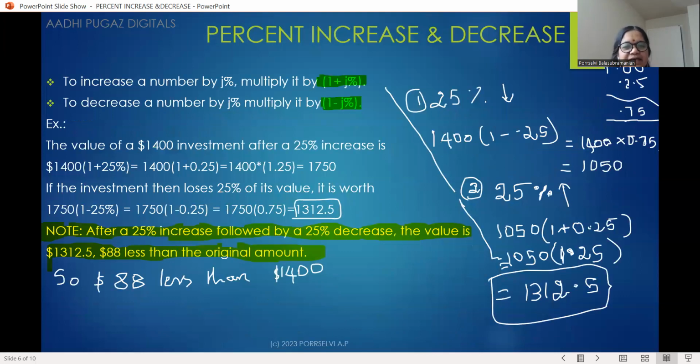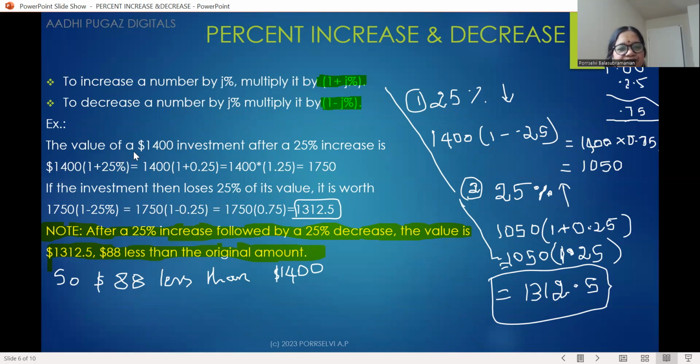Okay. Here is another example. For this example, we need to use this formula. To increase a number by some percentage, we multiply it by 1 plus j%, the unknown percent here. We'll see the example.